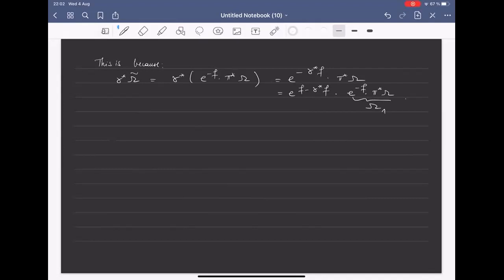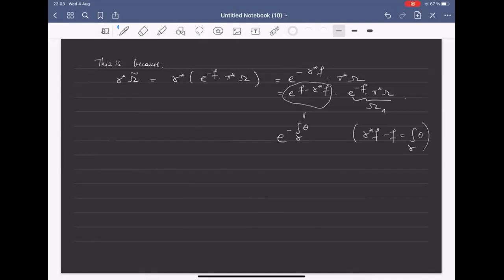So this is omega 1. But this element here is precisely e to the power minus the integral of theta on the path gamma, because gamma is a deck transformation, but can also be seen as an element in the fundamental group, because the pullback of f minus f is the integral of theta along the path gamma.